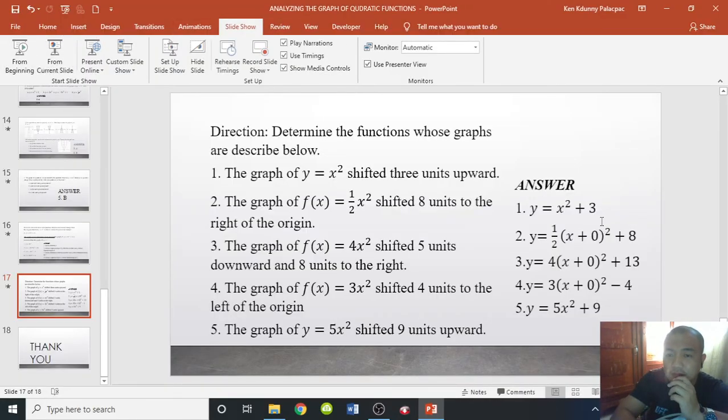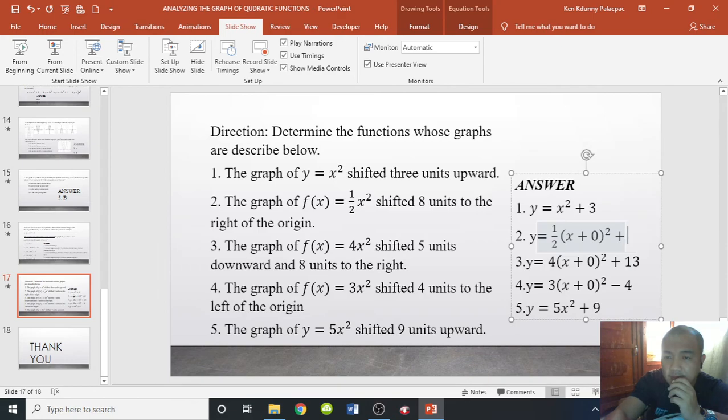So dito na lang tayo magsagot. For number 2, dapat h is positive, so minus 8.